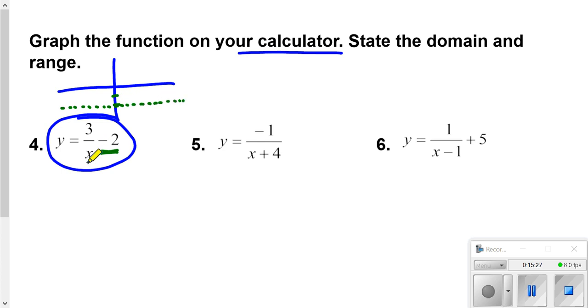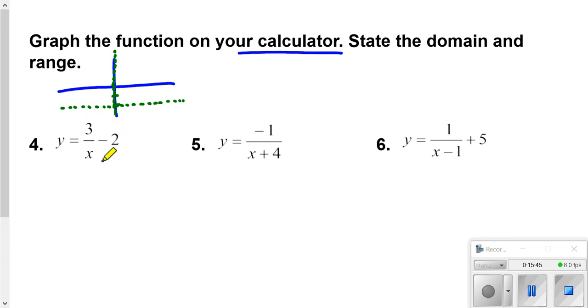And then this is x, just plain x, so there's still a problem when x equals 0. So I know I have those asymptotes. I look at my calculator, see what I see, and I could sketch in the curves. Just real quick, quick, sloppy work, not precision.